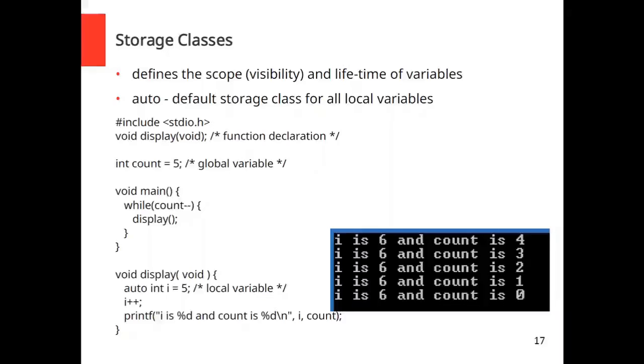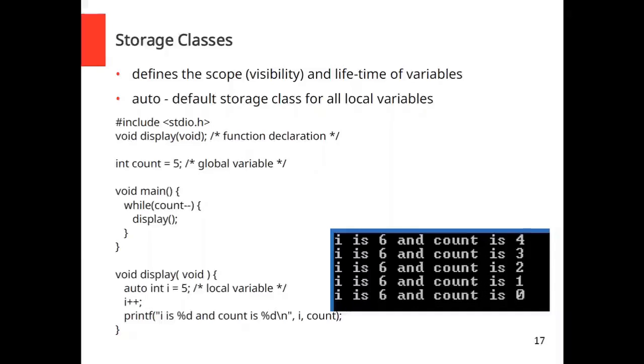We are incrementing the value of variable i by 1 and displaying the value inside the function. So we are displaying the value of i and count inside the function. Since count is a global variable, it is available inside the function also.